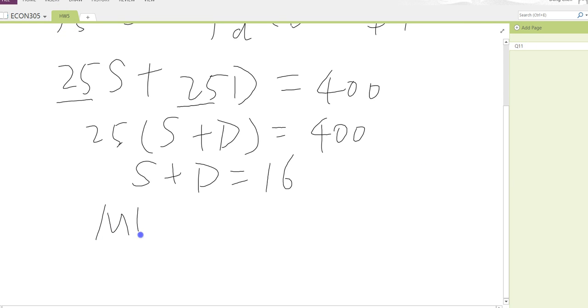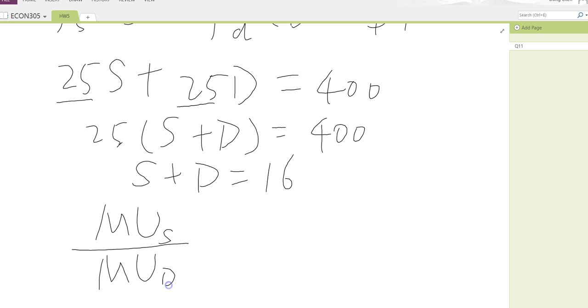If you look at equation 4.6, what we have there is marginal utility of S divided by marginal utility of D equals price of S divided by price of D. Because the price of both S and D is 25, that equals 1.